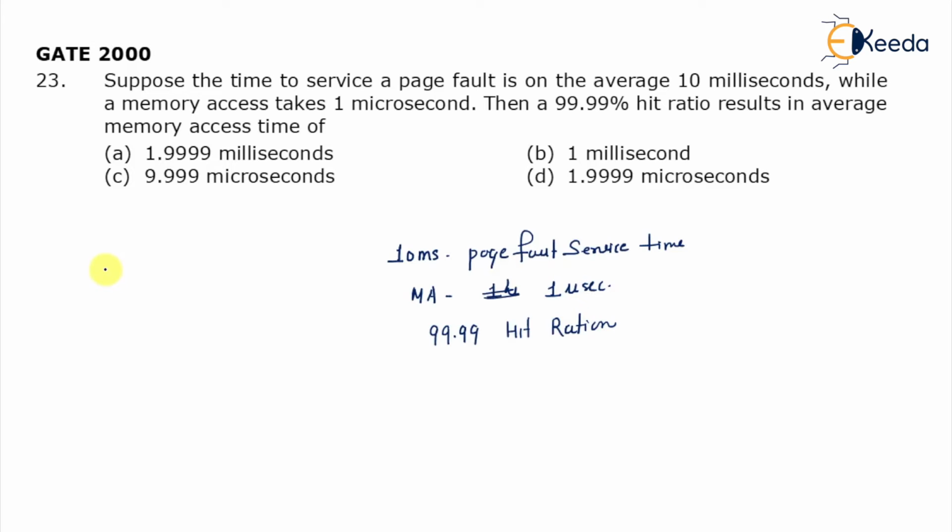The idea is that if there is a hit, here in this case a TLB hit, then no page fault occurs. So 0.9999 of the time no page fault will occur, and in that case it will take 1 microsecond.